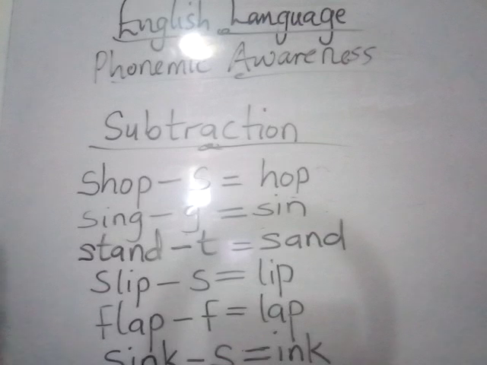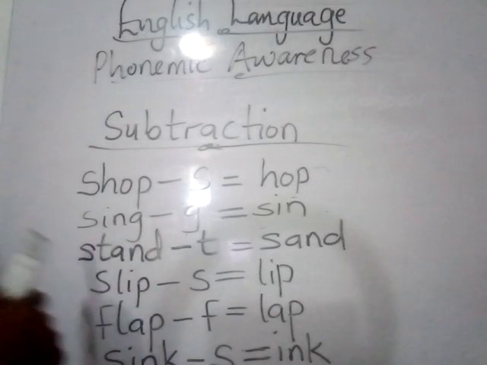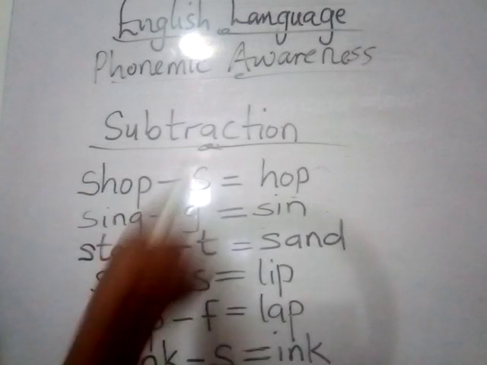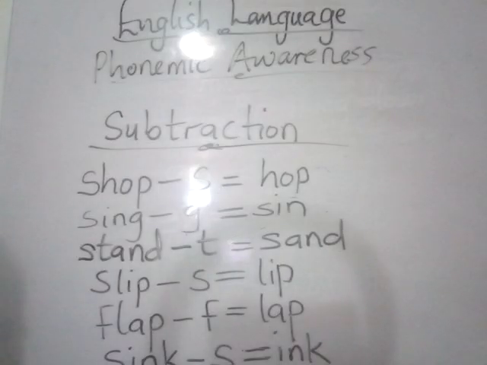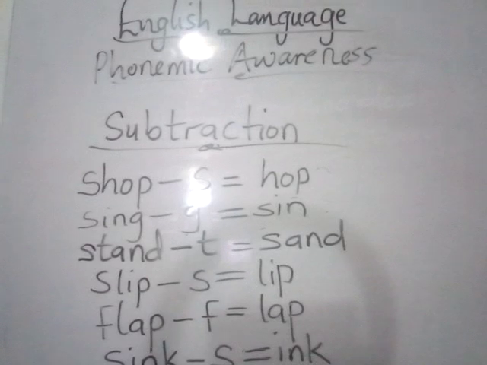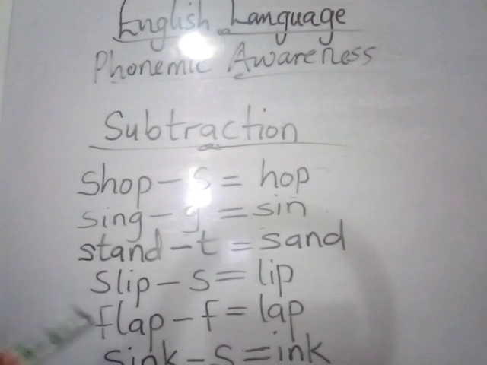You take a word that is already in existence and pick out a certain sound from that word, and then some other word results from that. You get a new word from that. So we're going to look at some examples of such words, where you remove certain sounds from them and you get new words.